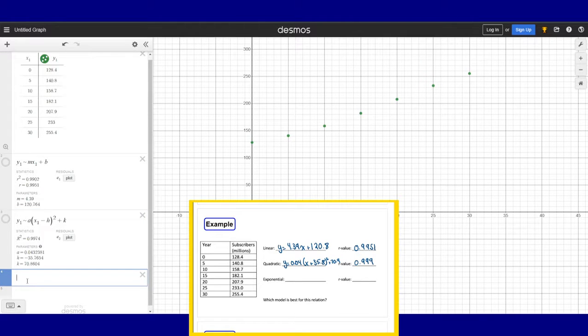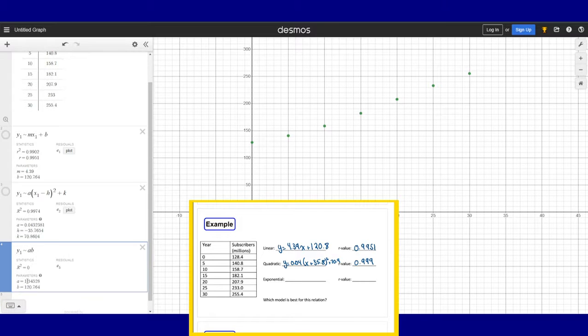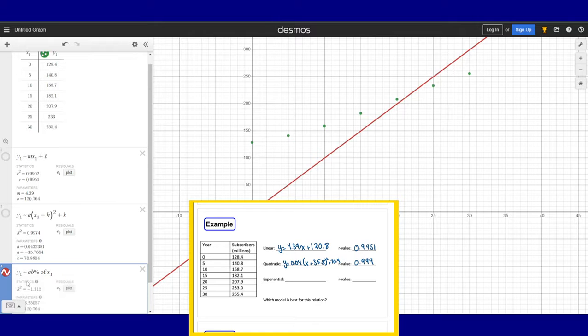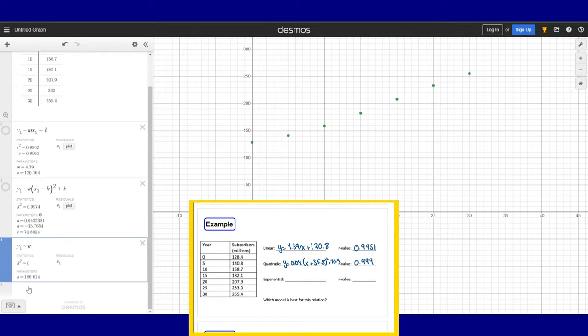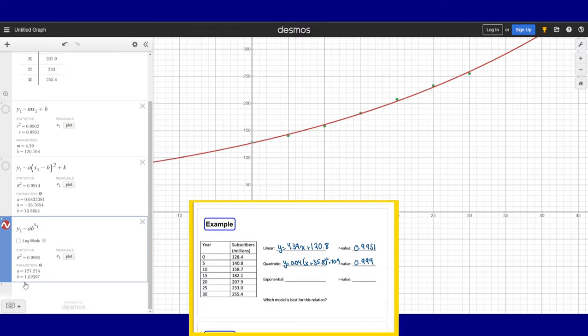Let's enter in our third one, our exponential, y1 ~ ab^x1. Didn't get my power sign there, ab to the power of x1. And we see our exponential model.